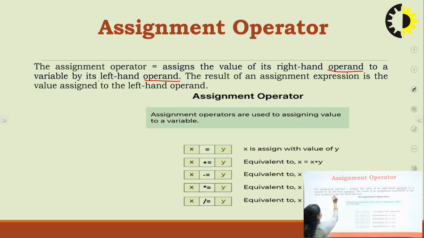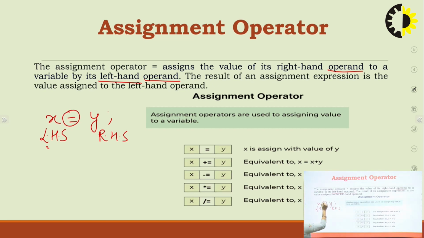Now, what is left hand and what is right hand? Let's say x is equals to y. This is the left hand side and this is the right hand side. What is this? This is the assignment operator.